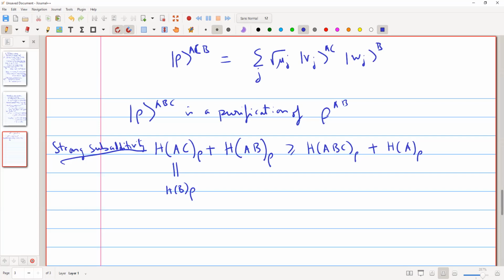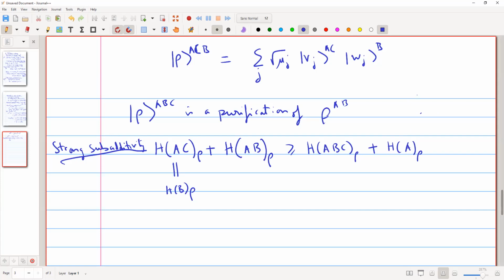So the Vj's are an orthonormal set, the Wj's are an orthonormal set in the respective spaces, and there is this bijection from Vj to Wj. Okay. And then there is the Schmidt coefficient square root mu j. But then we had interpreted what these coefficients are. They are the eigenvalues of the respective density matrices.